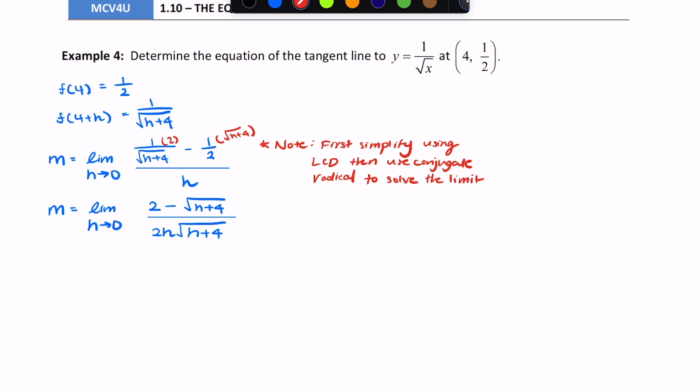Okay, now we can multiply by the conjugate radical. Here will be 2 plus square root h plus 4. On the bottom will be 2 plus square root h plus 4, which will help us simplify this equation.